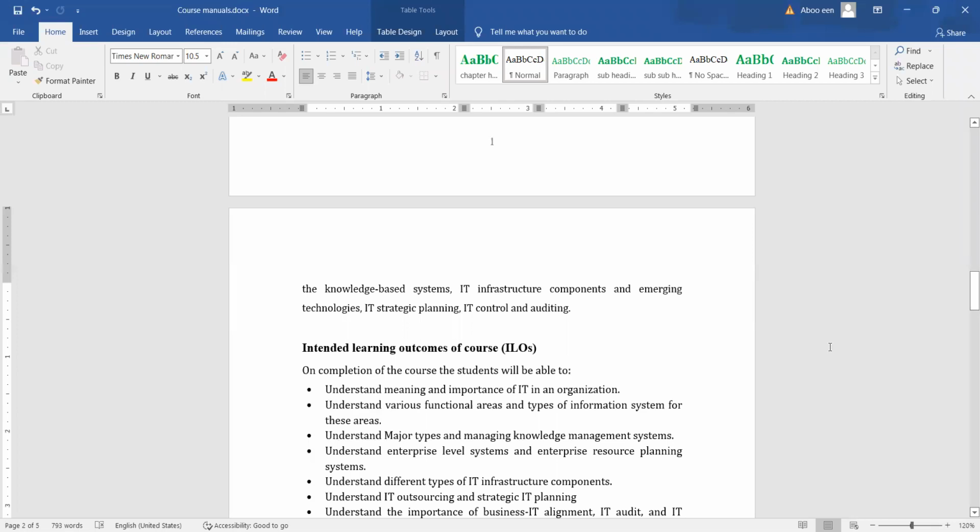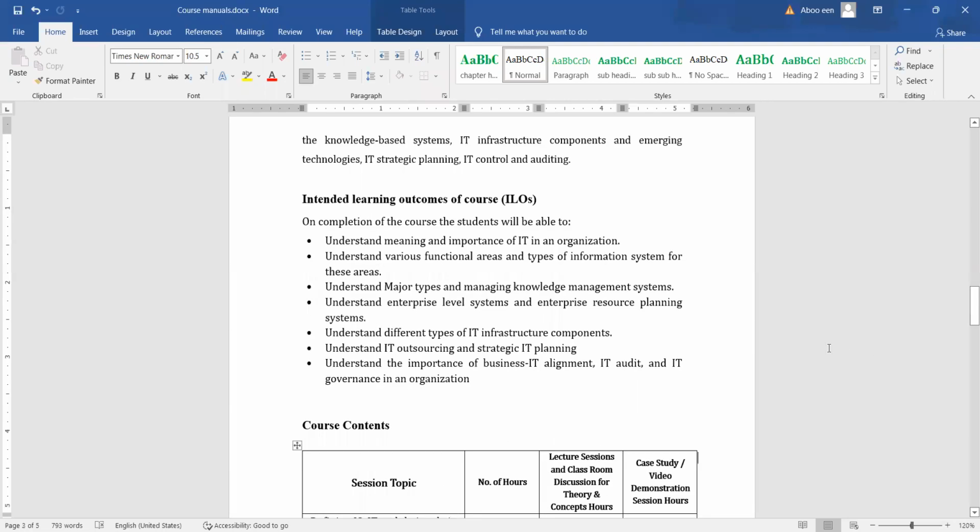We will discuss further the ILOs, the intended learning outcomes of this course module. On completion of this subject, the students will be able to understand the meaning and importance of IT in an organization.